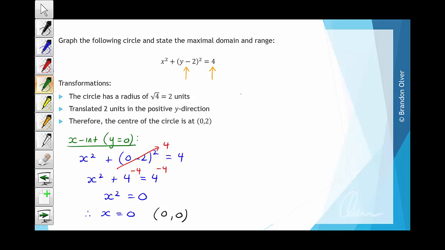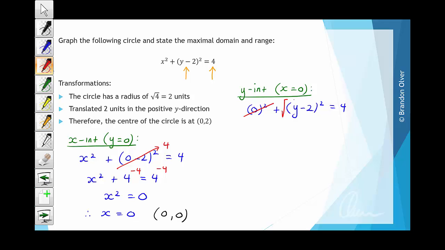The next thing we need to do is find the y-intercepts. The y-intercepts occur when x is equal to 0. When we do that, we have 0 squared plus (y minus 2) squared equal to 4. That just leaves us with (y minus 2) squared equals 4.